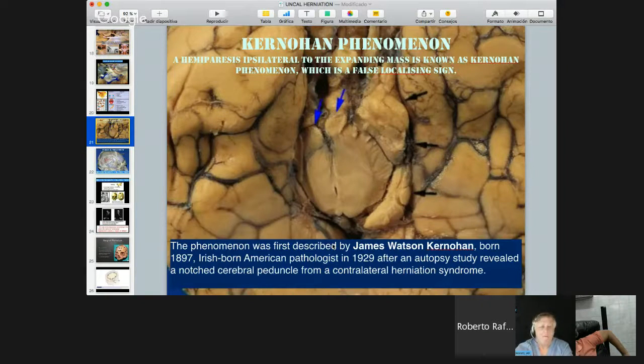It is important, but in some cases the mass effect of the lesion displaces the midbrain, the cerebral peduncle, and it is compressed on the other side against the free edge of the tentorium of the other side, and produces an ipsilateral hemiparesis that is known as a false localizing sign.